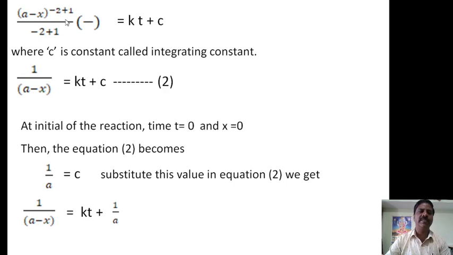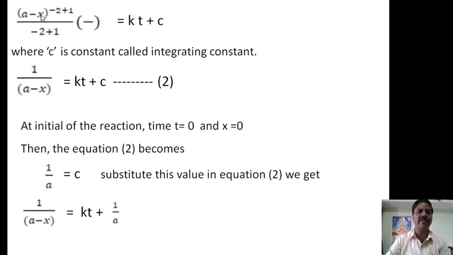Here, minus 2 is nothing but n. Therefore, after integration, (A minus x) to the power of n means minus 2 plus 1 divided by n plus 1, that is, minus 2 plus 1, and here you have to take the minus sign for the x, that is, minus 1, since the differentiation of minus x is minus 1.